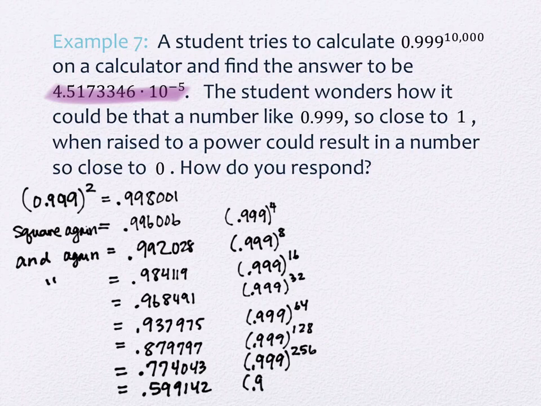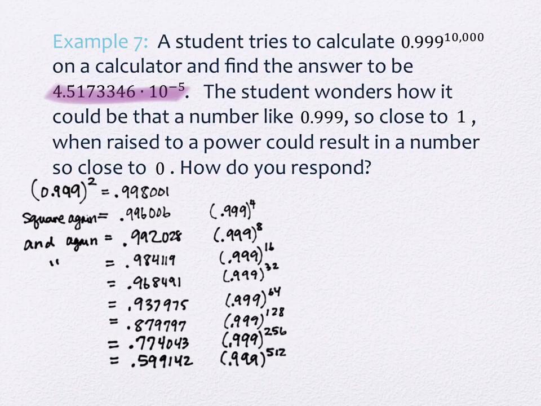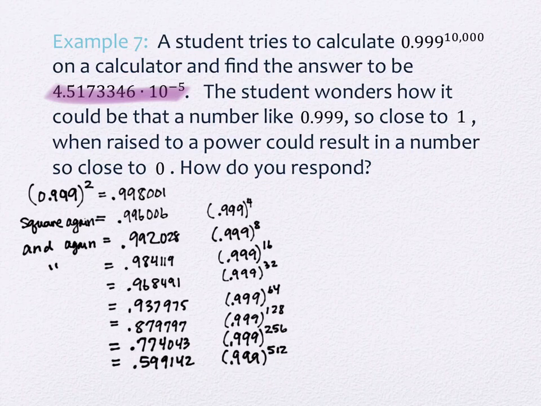Again, doubling my exponent gets me to 512. And I'll do one more and we'll stop. The last one that we're going to see actually jumps down again massively. 0.3... This is 0.999 to the 1024.